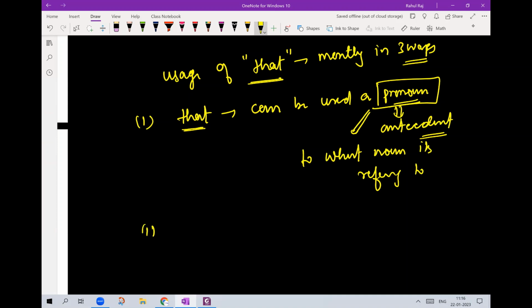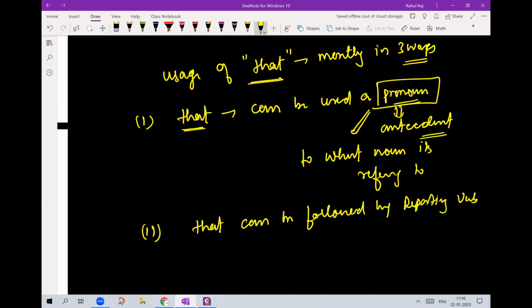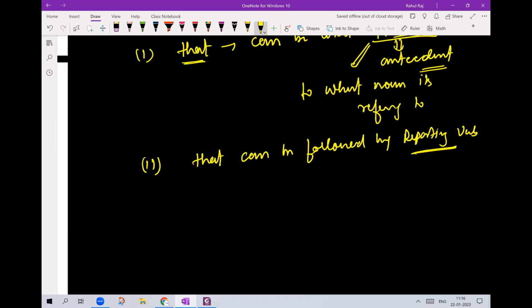The second usage of that is, guys, that it can be followed by a reporting verb. Please don't worry about what a reporting verb is. You just understand that that is followed by a verb. I'll come down to this point. If that is followed by a reporting verb, that and that parallelism in the sentence is compulsory.